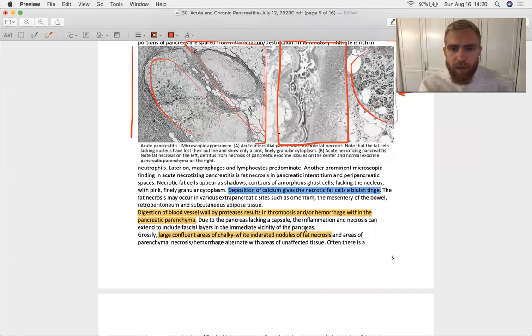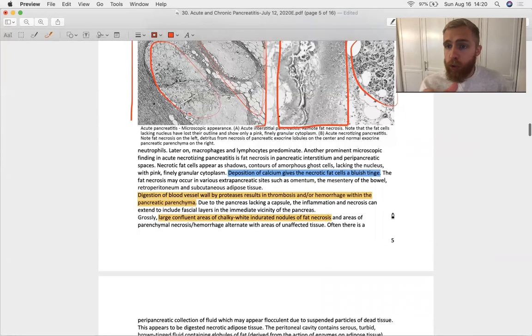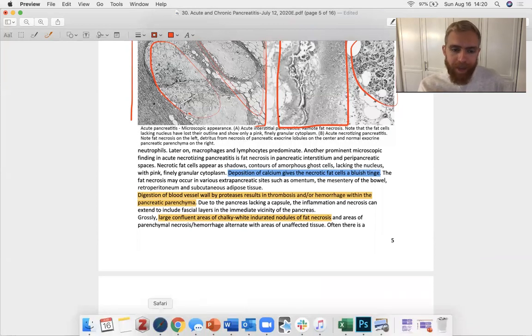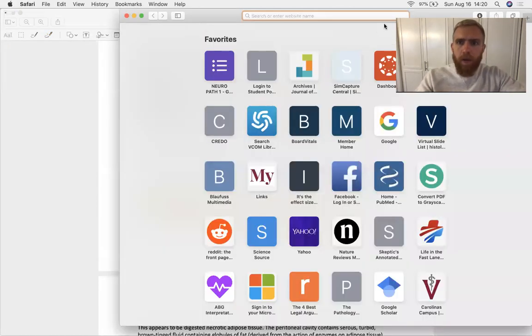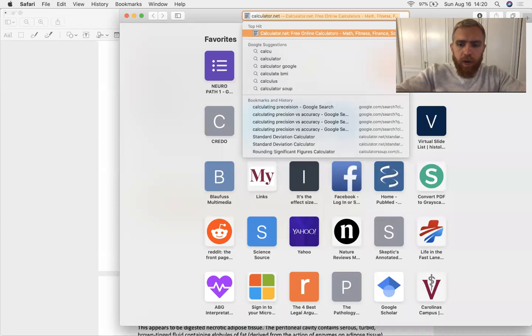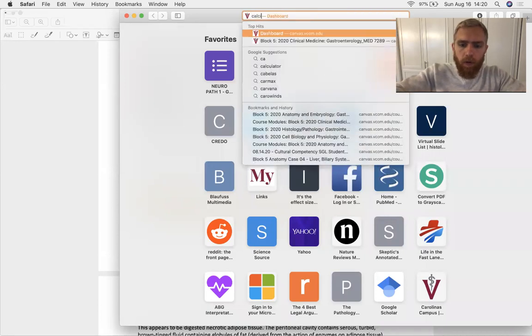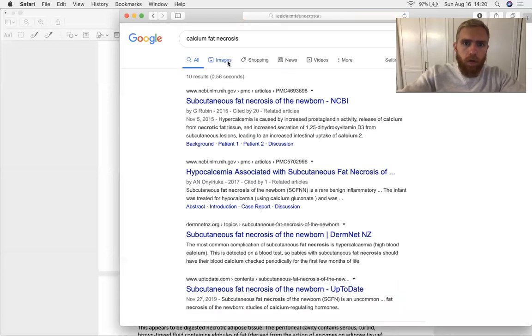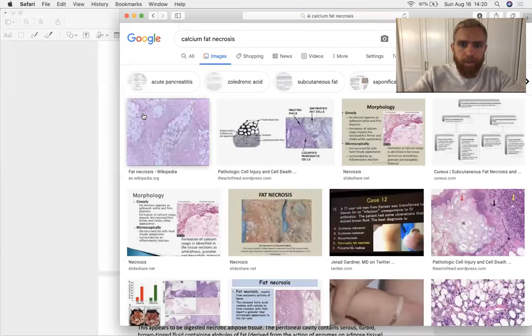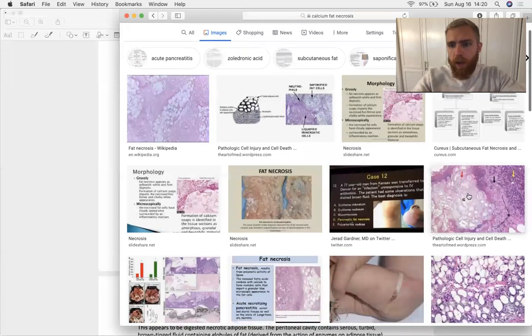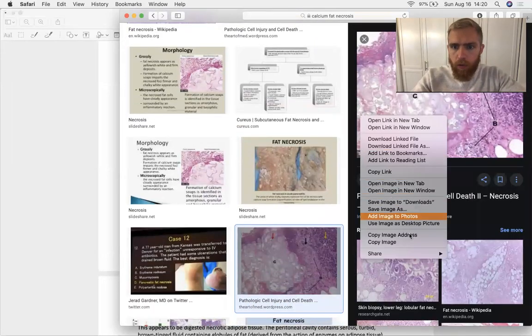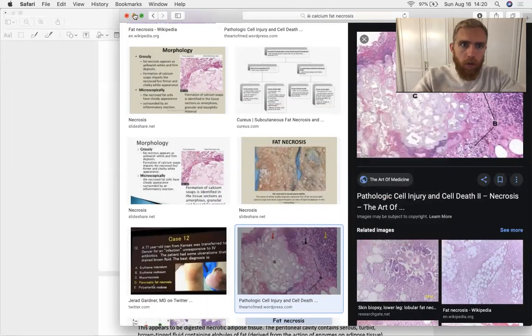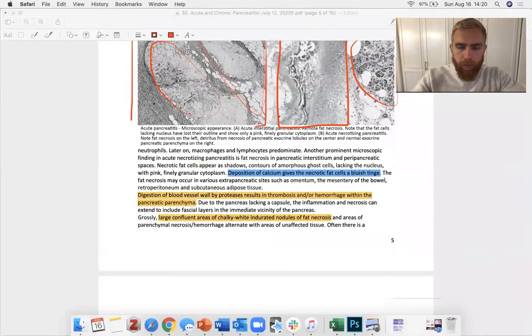Again, deposition of calcium gives necrotic fat cells a bluish tinge. I guess I'll look that up. Calcium fat necrosis. Here we go. This is a good image. Go throw this into a slide.